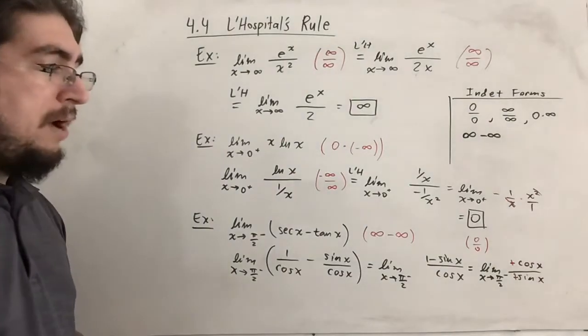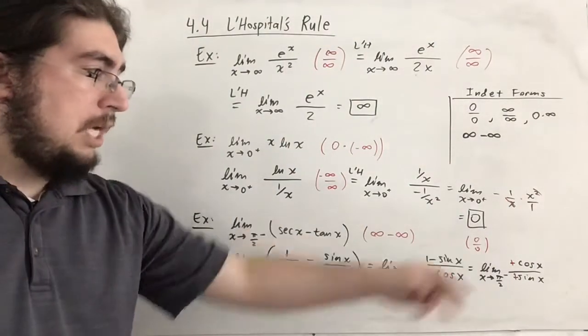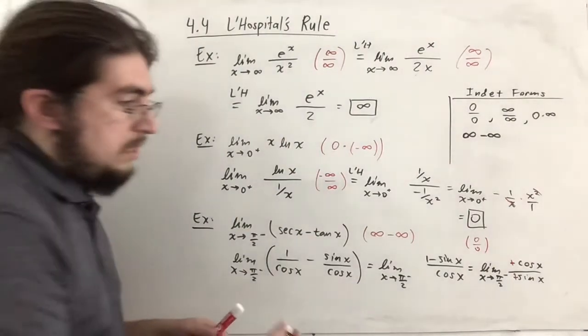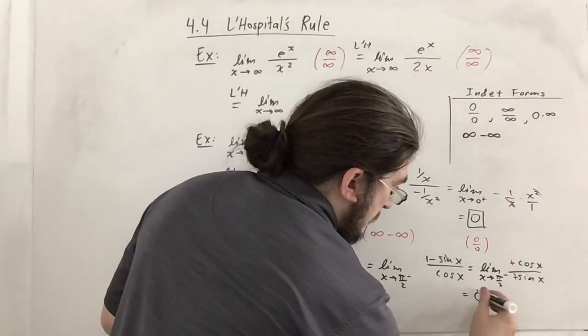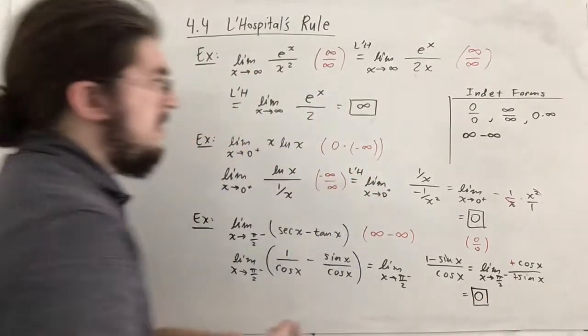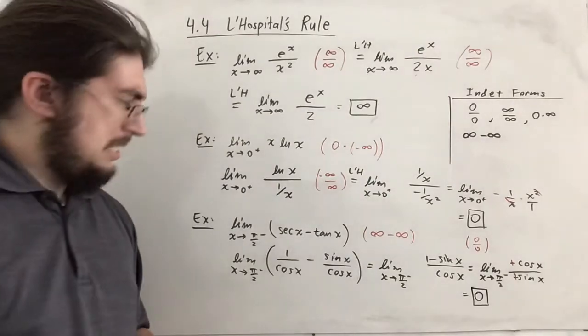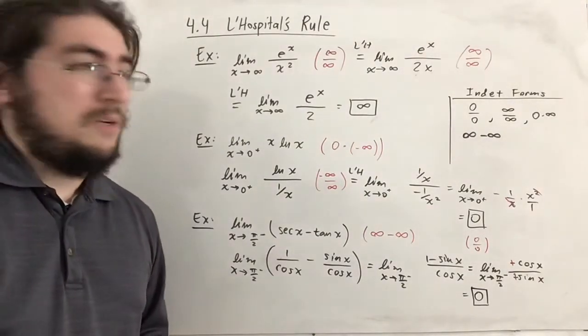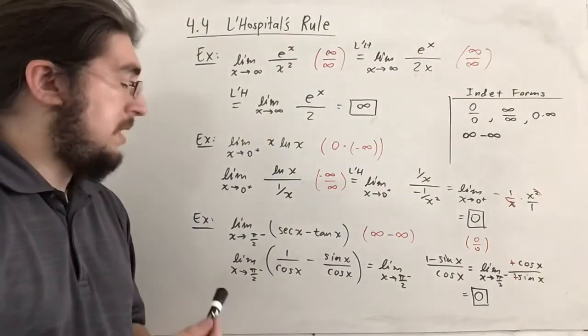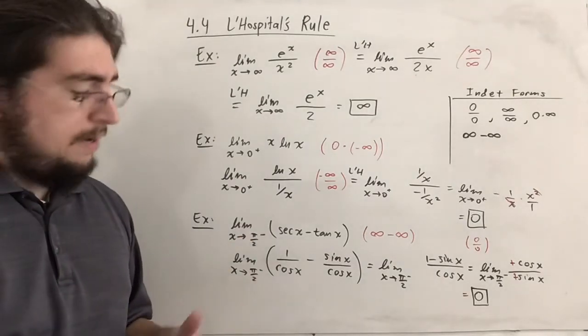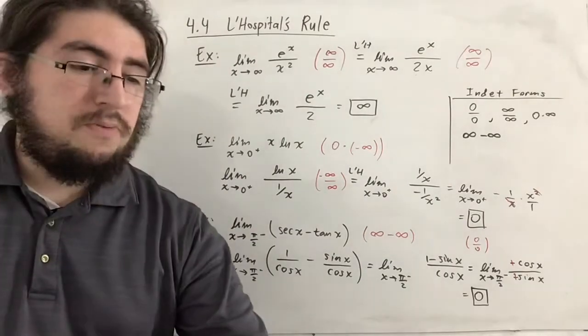And then when you plug in pi over 2 from the left, well, on top you get 0, on the bottom you get 1, so this approaches actually 0. So far we're not really getting very many interesting answers, the answers are just like 0 and infinity for these particular examples. But yeah, that's what I wanted to show so far.